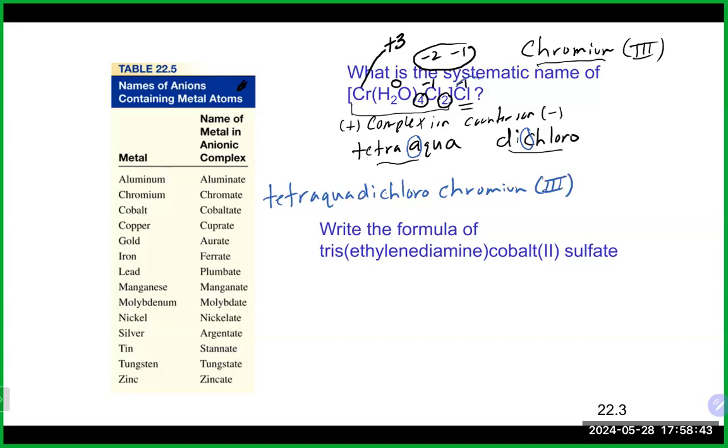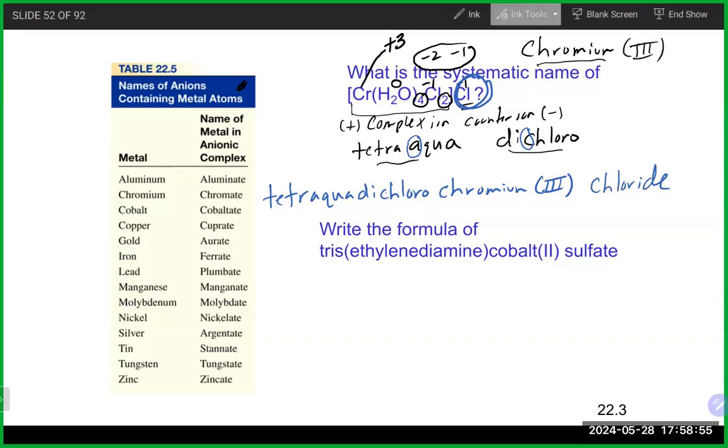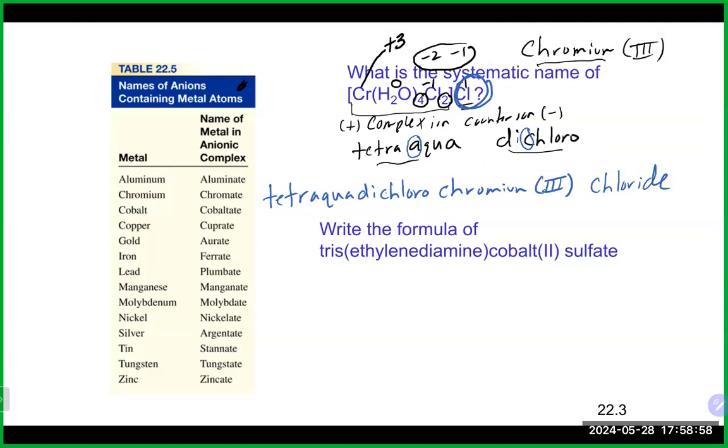And again, our counter ion here is going to be named like normal. This would be chloride in this case. So tetraaquadichlorochromium(III) chloride.